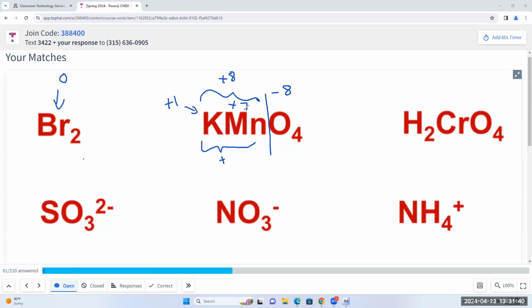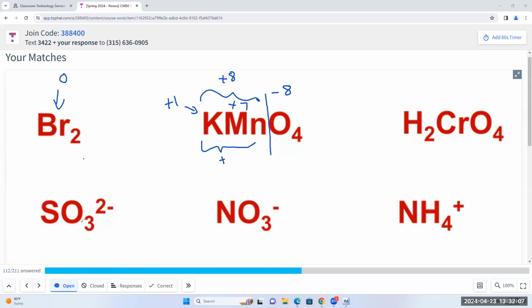All right. So I'll do SO3 2- on the screen so that you won't overcomplicate things. All right. This is how I would do it. Okay. When in doubt, think about how would Pereira do it. Okay. So now oxygen, I know, forms -2, right?